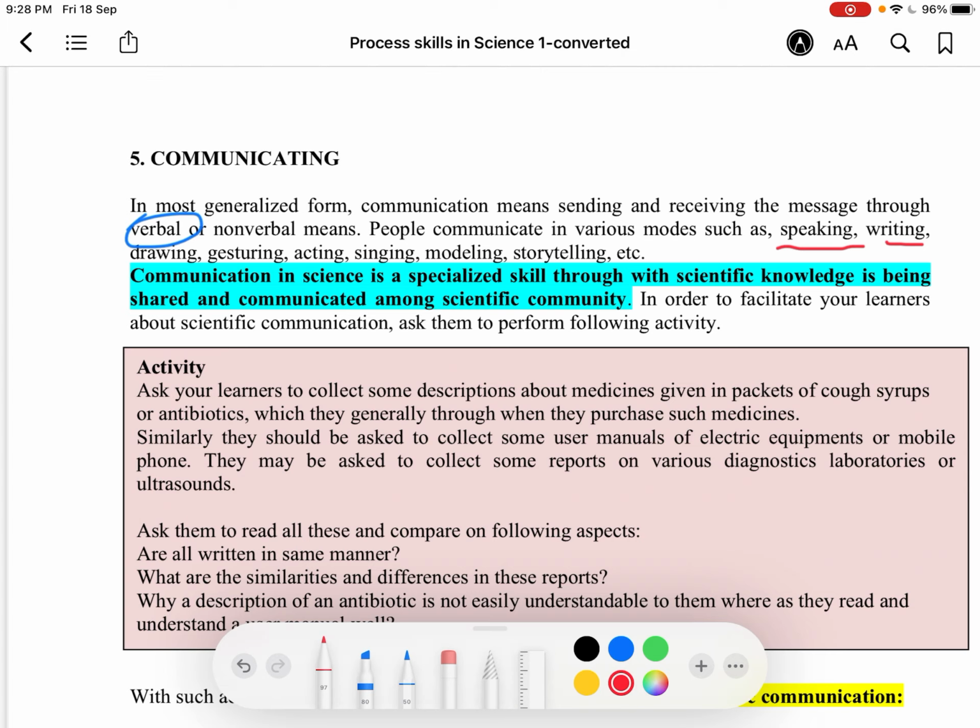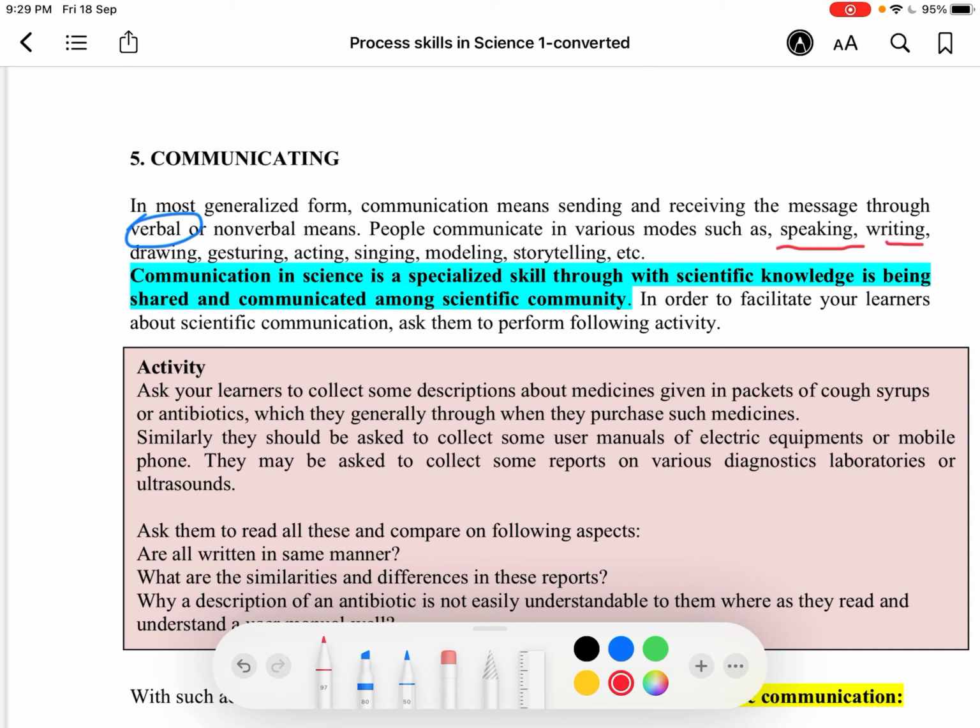So this is an interesting way of doing science. Communication in science is a specialized skill through which scientific knowledge is shared and communicated among the scientific community. It is a specialized skill, sharing the scientific knowledge with the scientific community.